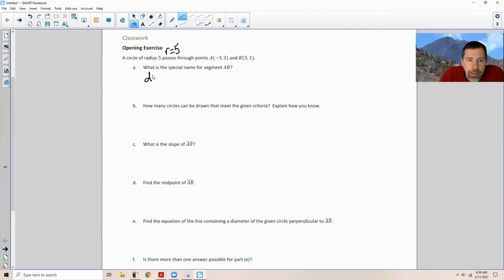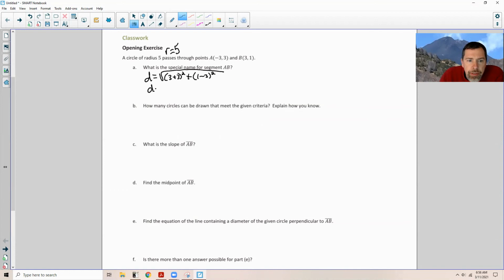So we'd say the distance equals the square root of x sub 2, 3, minus x sub 1, minus a negative 3 is plus 3, squared, plus y sub 2, 1, minus y sub 1, 3, squared.